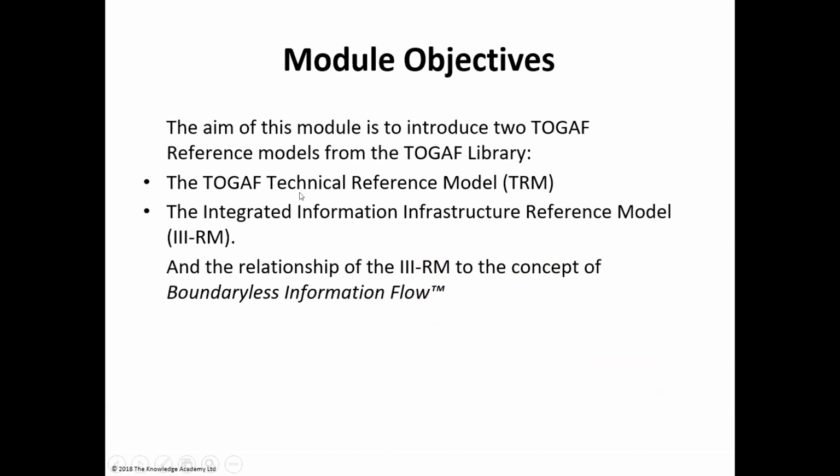Now, the first one, technical reference model, what do you think I can use it for? For the technology architecture, correct? The second one is the Integrated Information Reference Model. It can be used basically for applications.